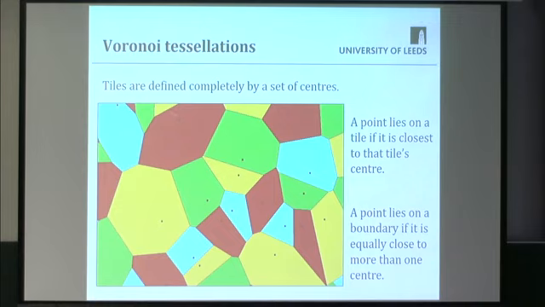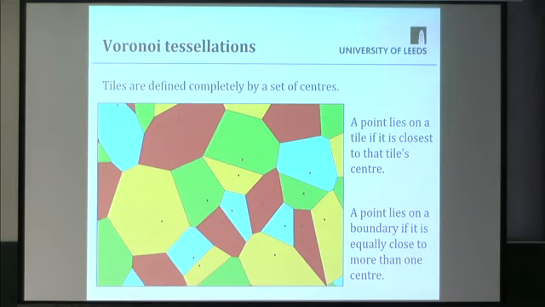Here you see these black dots, which are the centers for the Voronoi tessellation. If I want to know which tile a point is on, I take a point, like that one there, and I say, well, which center am I closest to, and that's the tile that I'm going to be on. So mathematically very simple.